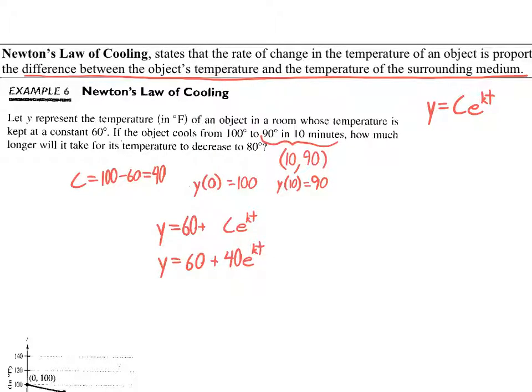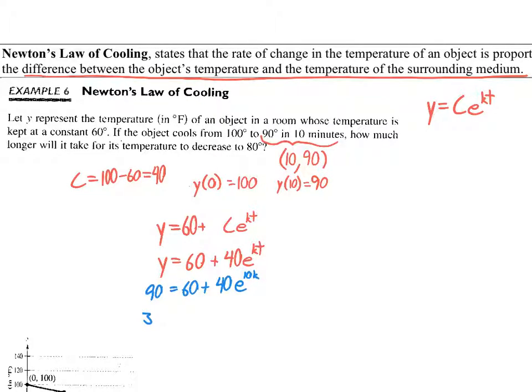Okay? We're going to plug in the point we know. We know at t equals 10, y equals 90. Alright? So I plug in 90 for y, 60 plus 40 e to the 10k. So I need to subtract.